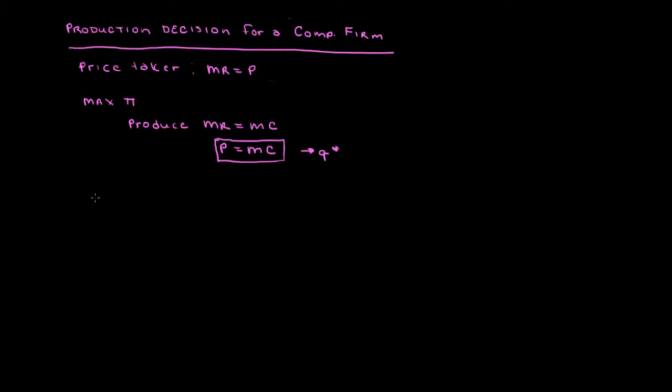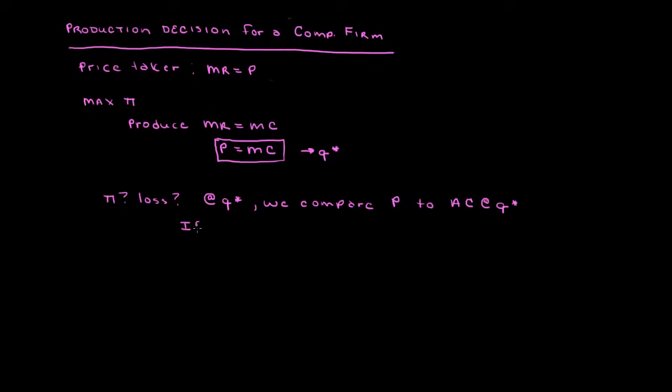To see if the firm is making a profit or making a loss at Q star, we compare the market price that the firm sees to the firm's average cost of production at Q star.